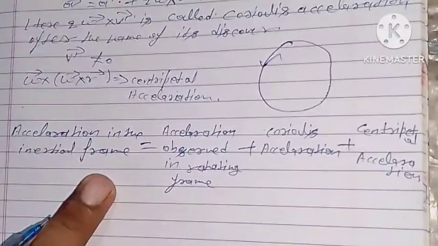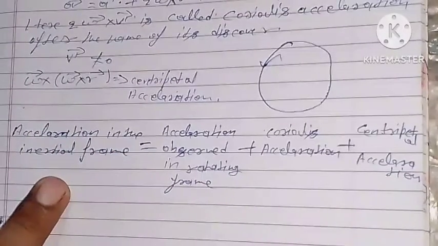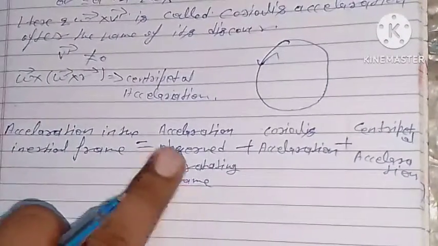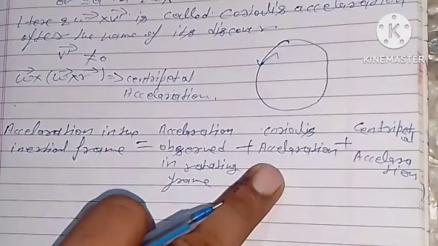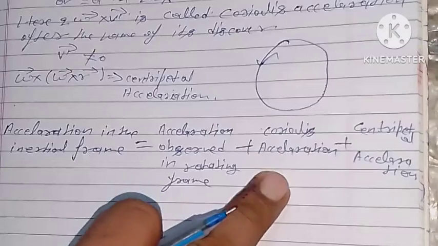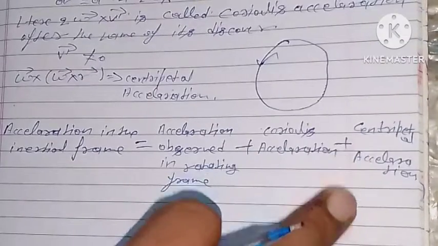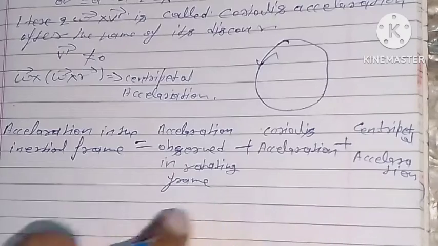Acceleration in the inertial frame is equal to acceleration observed in the rotating frame plus Coriolis acceleration plus centripetal acceleration. Okay, thank you.